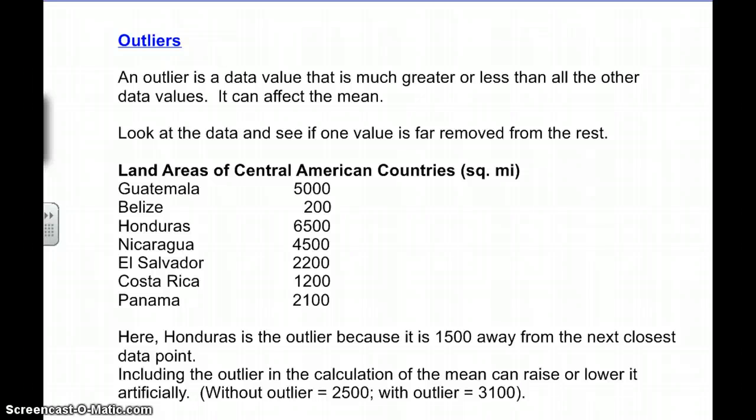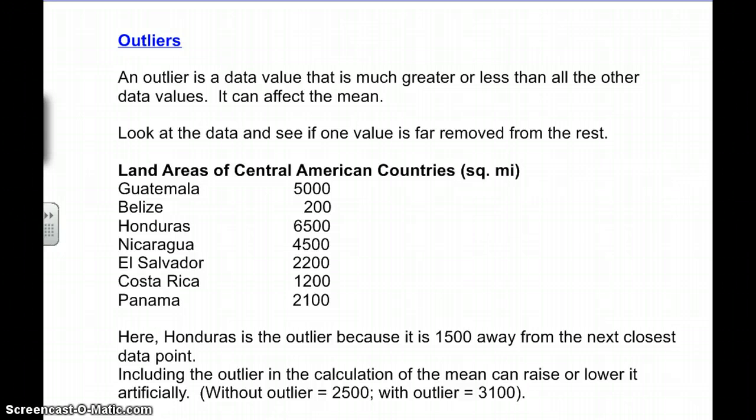Honduras is the outlier. To include that outlier in the calculation of the mean can either raise or lower it. Without the outlier, when we take the average land area of Central American countries, we get 2,500. But when we add the outlier in, it raises it artificially by 600 miles up to 3,100.